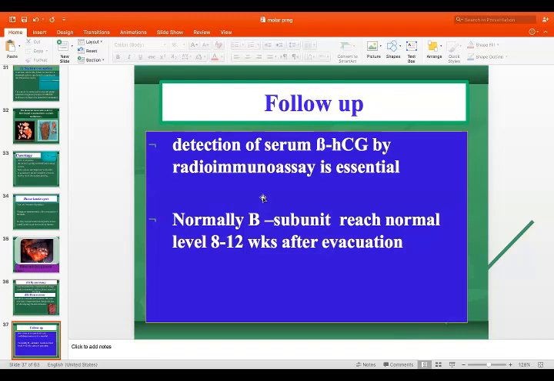First, you have evacuated the mole, you have evacuated the uterine cavity. You have to follow the patient with signs and symptoms and with beta HCG. Usually it becomes normal in 8 to 12 weeks after operation.